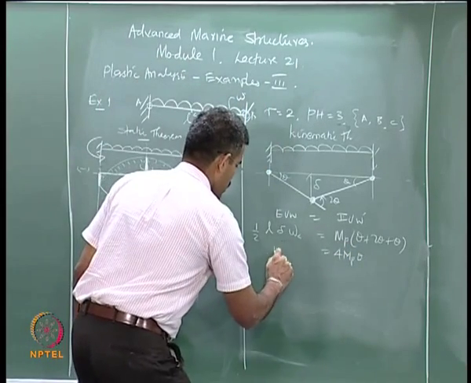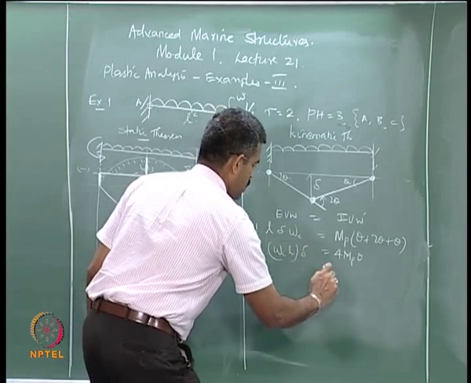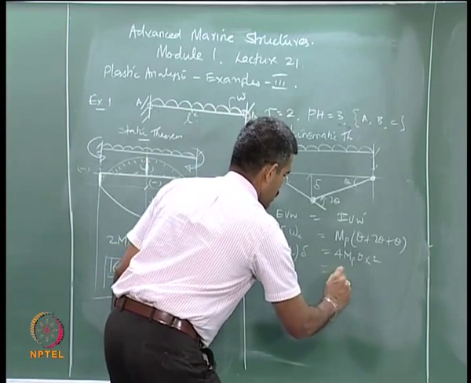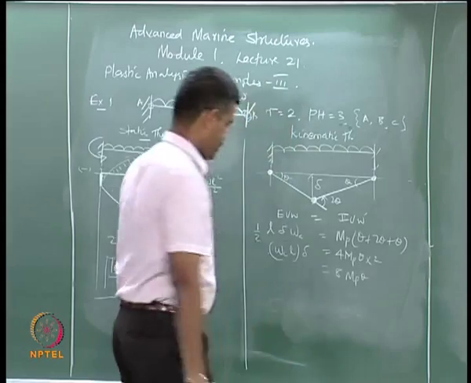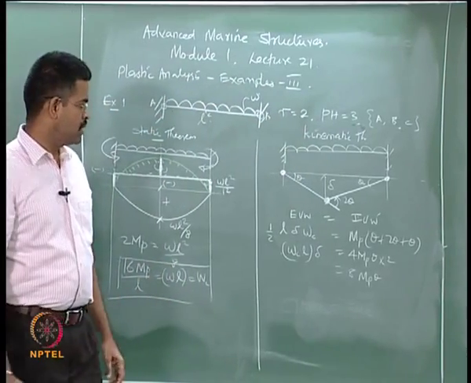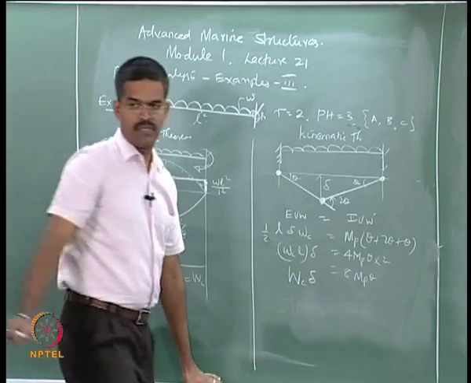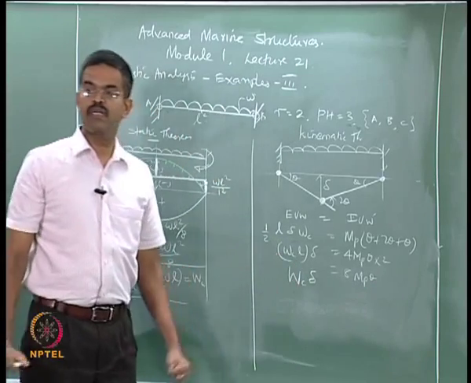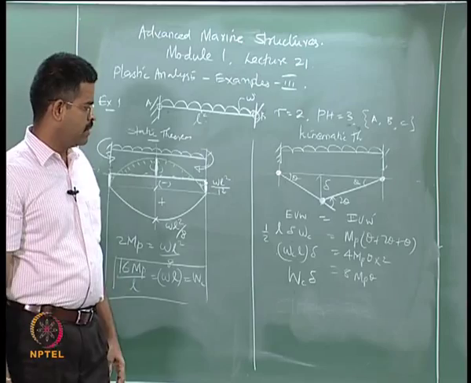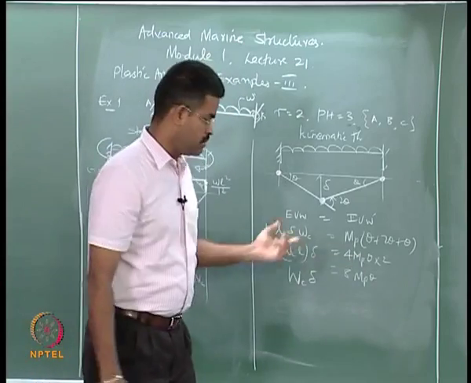I can also say WC into L into delta is 8 MP theta, because WC into L is capital WC, and delta and theta can be connected from the figure.